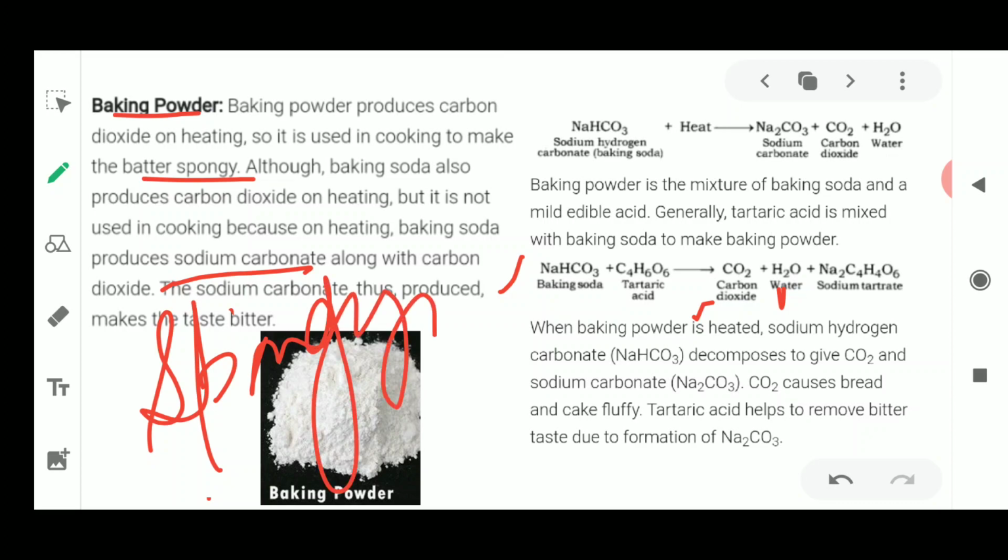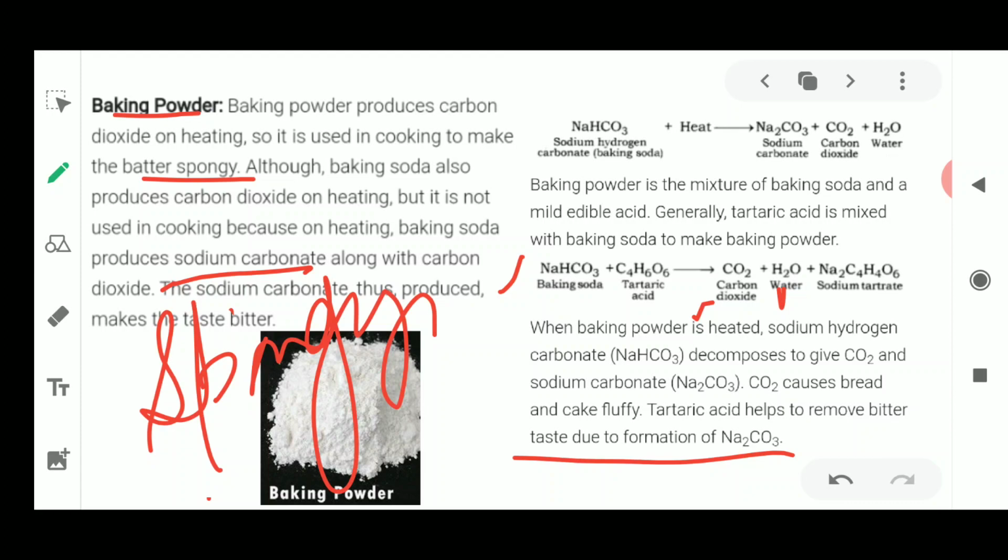Whenever this carbon dioxide is released, it leaves the batter fluffy, or it makes the cake fluffy. Tartaric acid helps to remove the bitter taste caused by the formation of Na2CO3. Now if only baking soda is used to form baking powder, then what will happen?